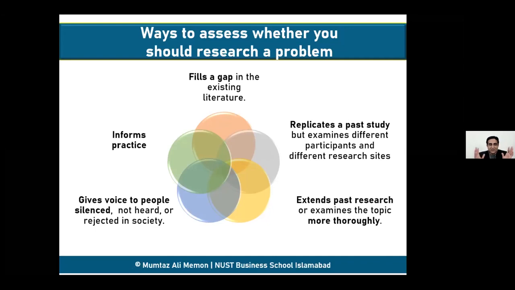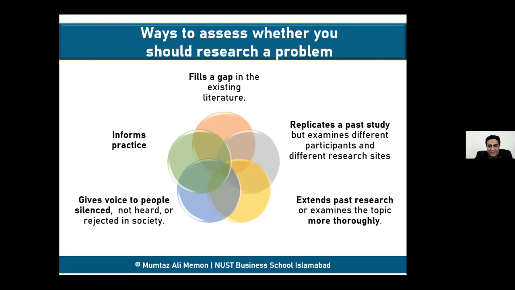When a model becomes a theory, the most important factor is replication. It must be tested in different geographical locations, different settings and contexts. Creswell is saying that, yeah, if it's a replication but with different participants and a different research site, you can still consider it and address this problem.